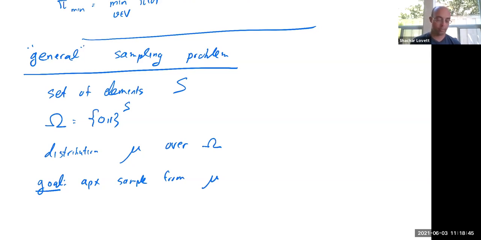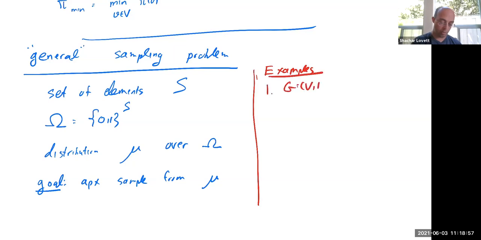So let's see some examples. So here's one example. I could take G to be a graph, S to be the nodes, and mu to be uniform over k-cliques.